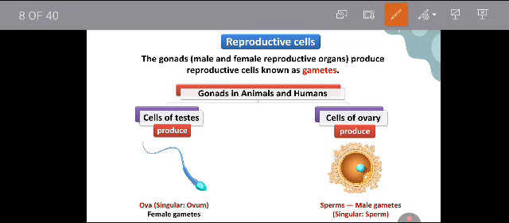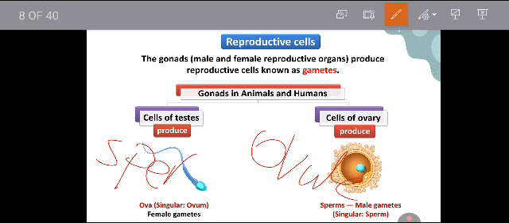So here this ovule is called ovum, but this is a sperm.